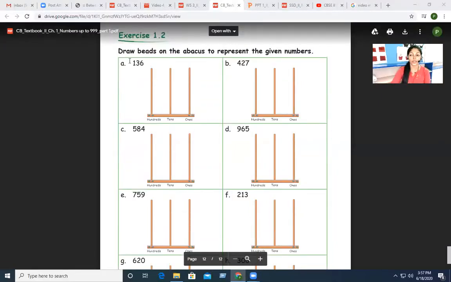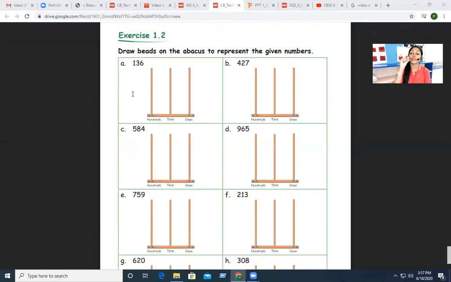What you have to do here is draw beads on the abacus to represent the given numbers. They have given the abacus here and the numbers here. You have to draw the beads in the abacus. Shall we start?